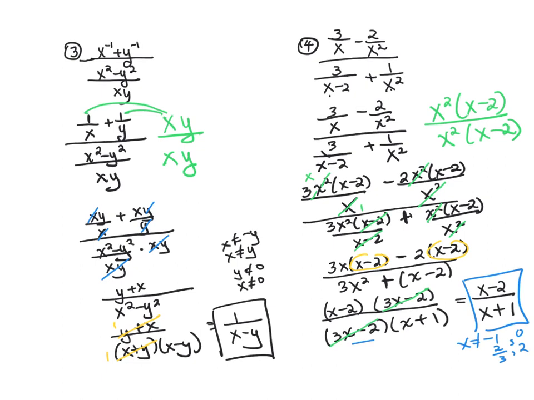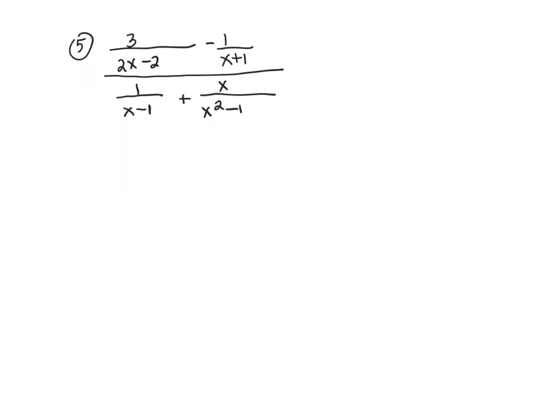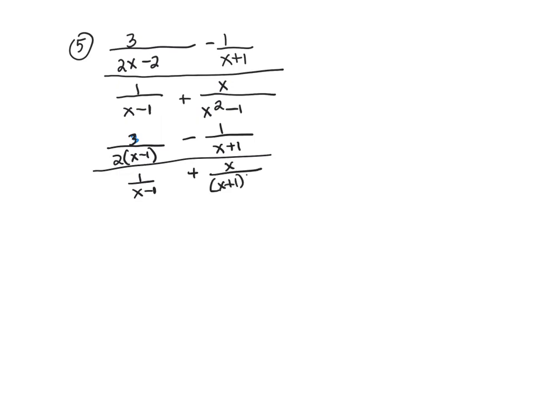Let's try one more. Now, when we have a complex fraction with binomial denominators this way, it's a good idea to start factoring it right away. So let's do that. And we have 3 over 2 times x minus 1 minus 1 over x plus 1 divided by 1 over x minus 1 plus x over x plus 1 times x minus 1.